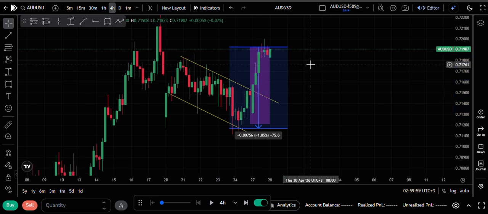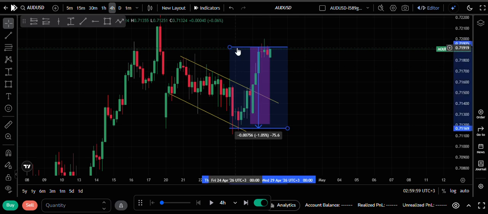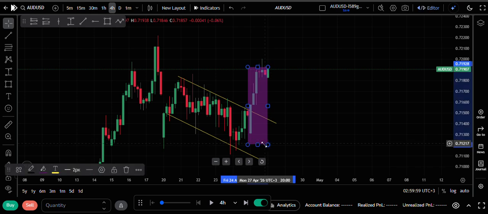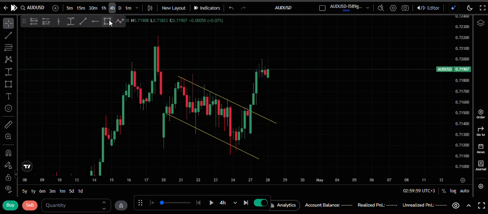The moment I was here trying to capture the markdown phase, I was sure the bullish run was over because it had covered equidistance to this manipulation phase. So let's remove that. Also let's remove this to get a better view.